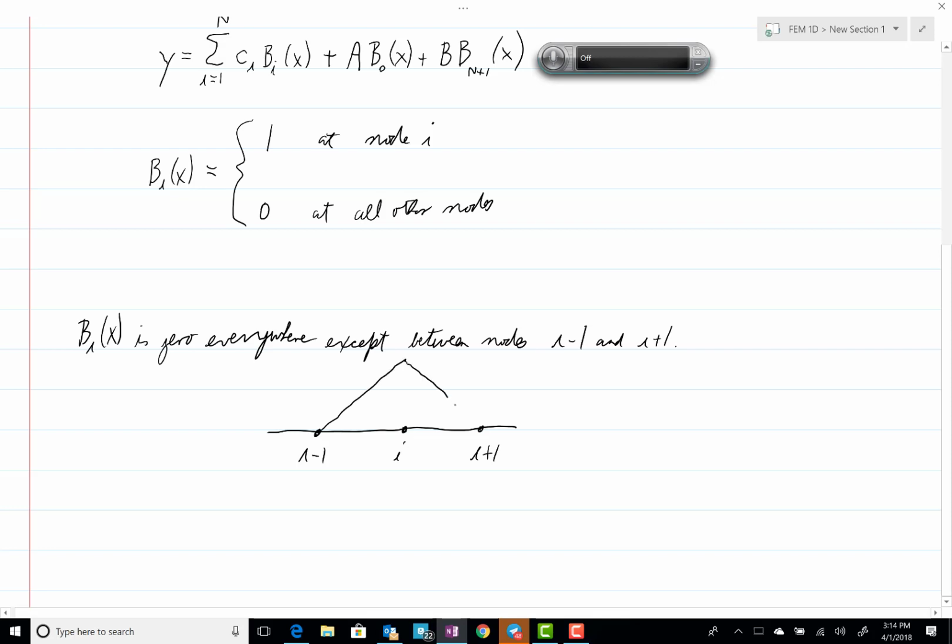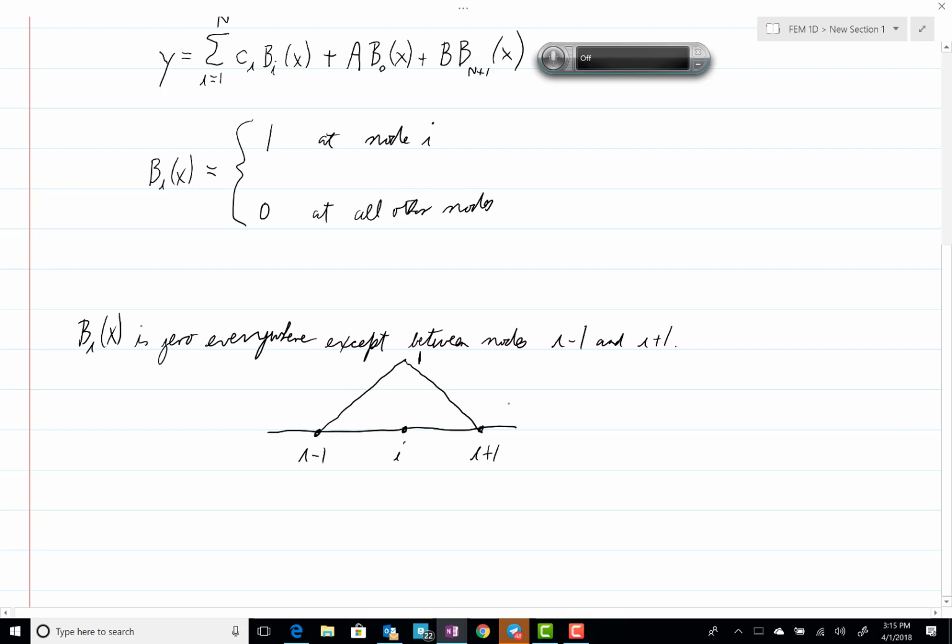Now, later we can talk about higher order basis functions, but for a first order basis function, this is what they look like. And this has a value of 1 here at node i, and it varies linearly from 0 to 1 from node i minus 1 to node i, and then linearly from 1 to 0 as you go from node i to node i plus 1. Then everywhere else it would be 0.